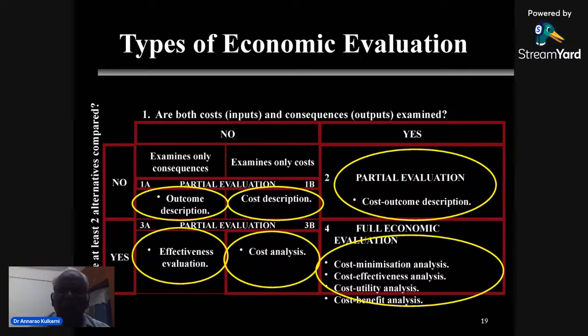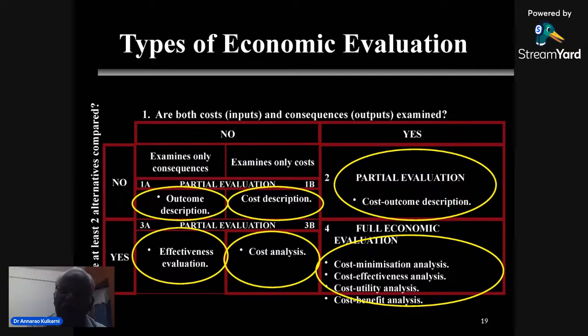Types of economic evaluations. Commonly, four economic evaluations are considered. Here, two things are there. First, cost and consequences have to be considered, and at least two alternatives have to be compared. If both are satisfied, then it is called a full economic evaluation.